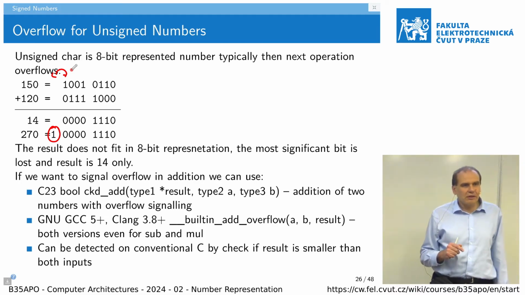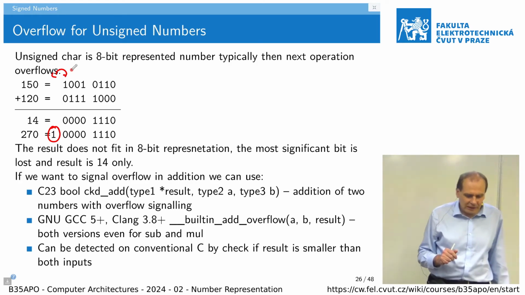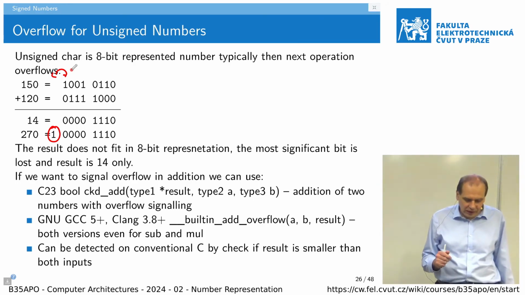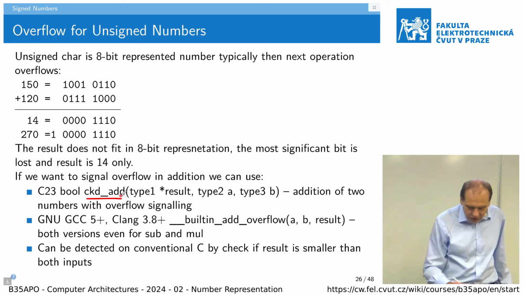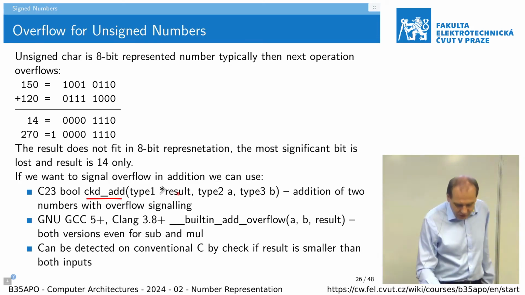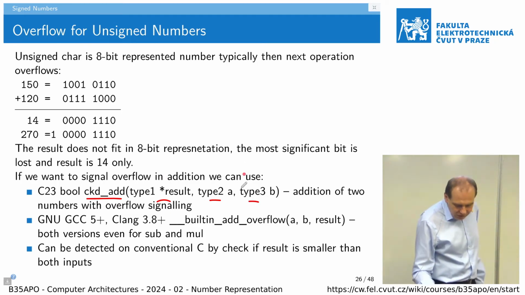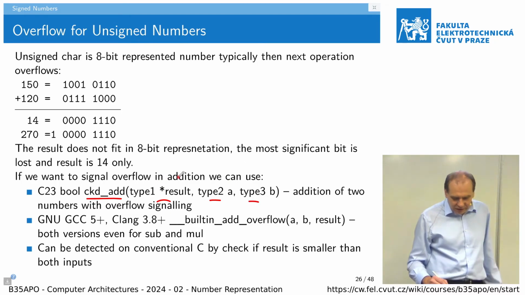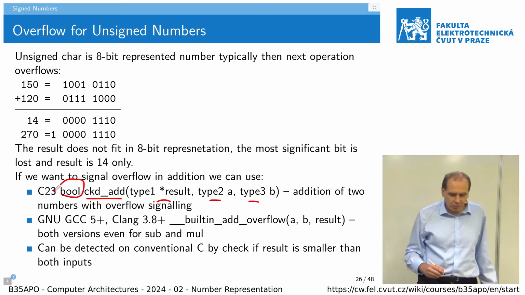Usually the processor has some instruction which allows to somehow detect this situation, but the C language has no such definition, but it has been added. Today you can do a checked addition where you get a result and two inputs, and according to the size of the inputs and the size of the result, this signals overflow by a return value if there is a problem.